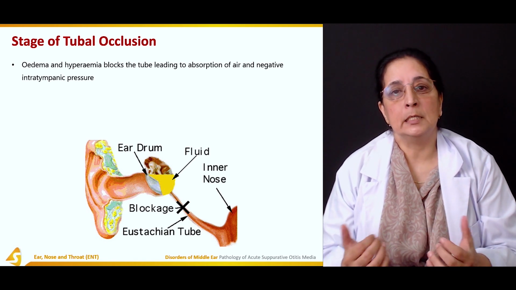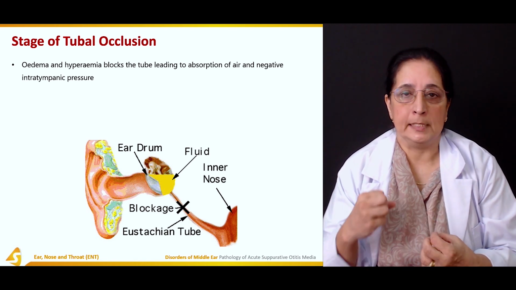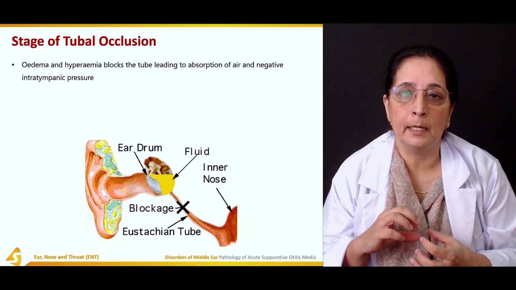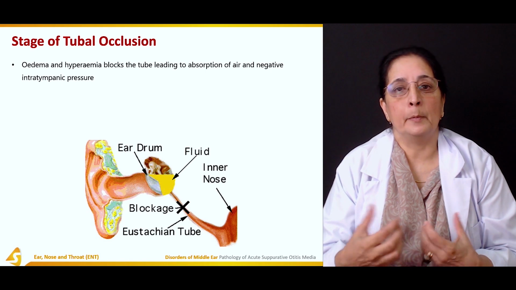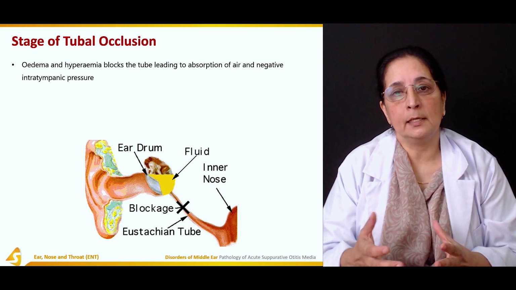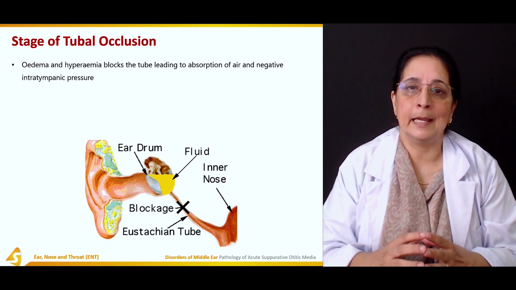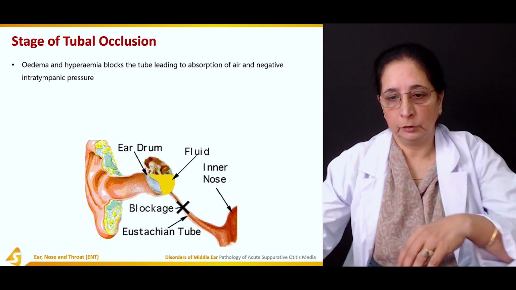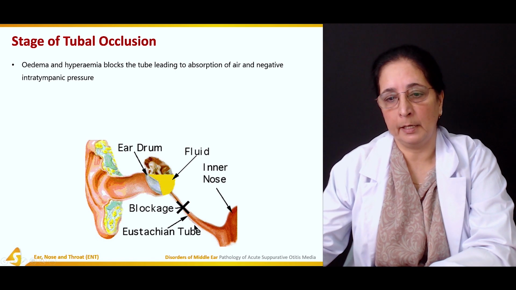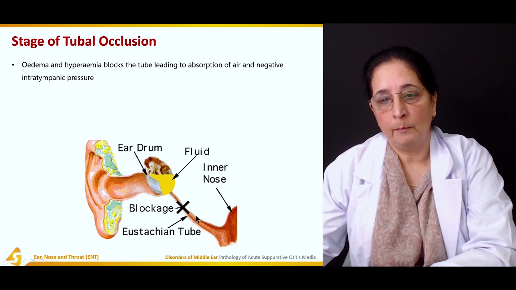And when that is blocked, the air present in the tympanic cavity or middle ear gets absorbed. And once the air is absorbed, this can cause negative pressure in the tympanic cavity. So you can see this eustachian tube is blocked.